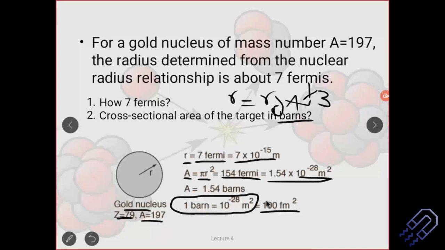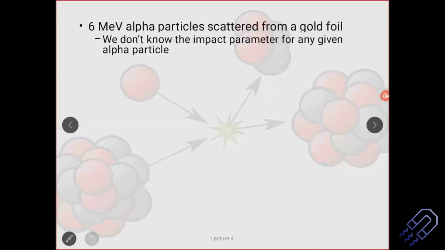So this is important. We actually didn't know the impact parameter for any given alpha particle, and the calculation of the scattered fraction is based on statistical behavior. What does it mean? Whatever studies were done at that time, and even today, are more or less probabilistic in nature. It's very difficult to control or count alpha particles. You cannot say this is one alpha particle, this is the second, and so on.